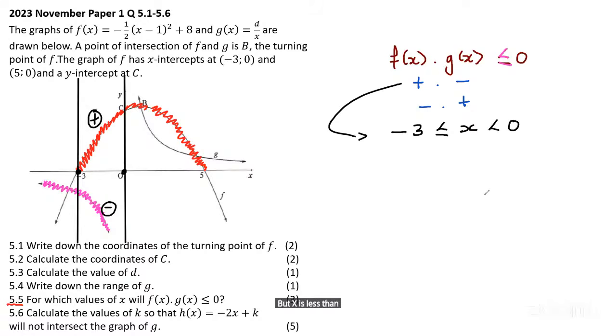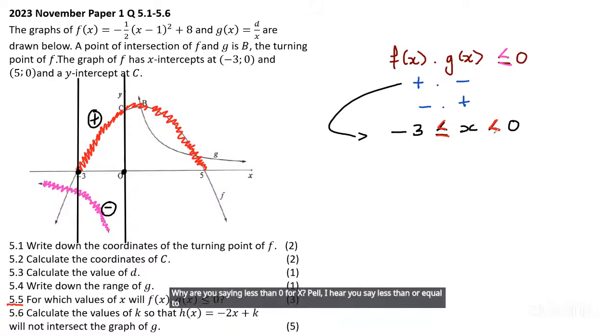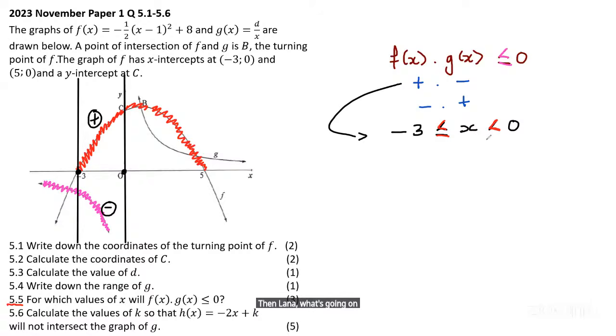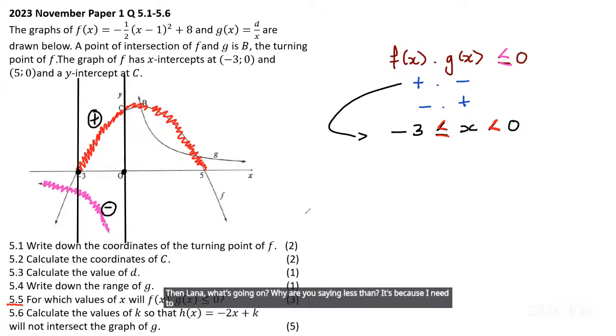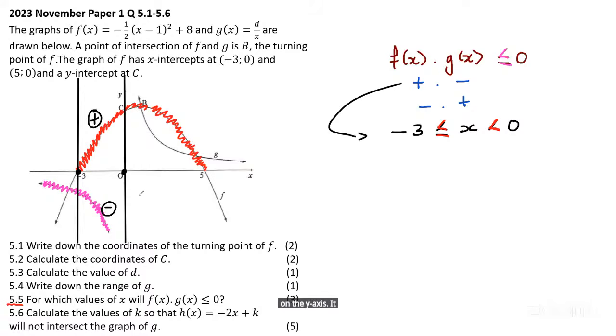Why are you saying less than 0 for x? Well, I hear you say less than or equal to elsewhere. Why are you saying less than here? It's because I need to respect the idea that the graph of g is non-existent on the y-axis. It's an asymptote. So it cannot be less than or equal to 0.